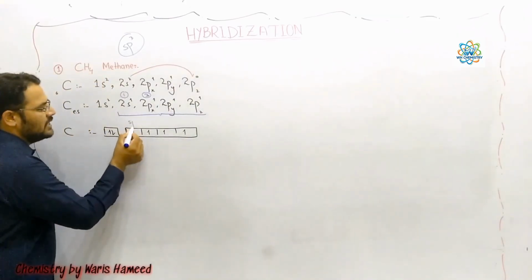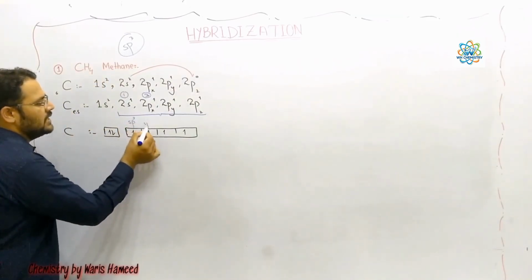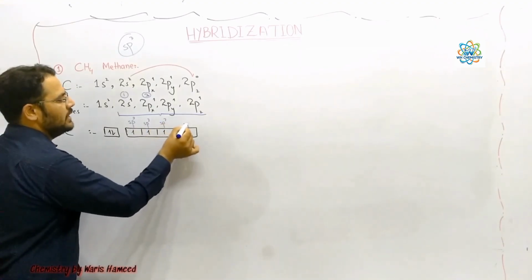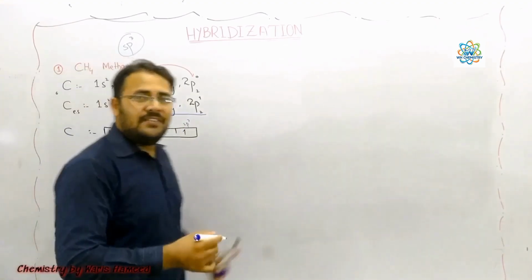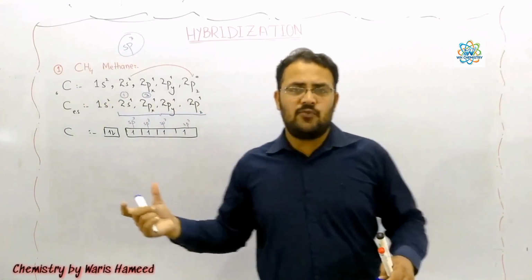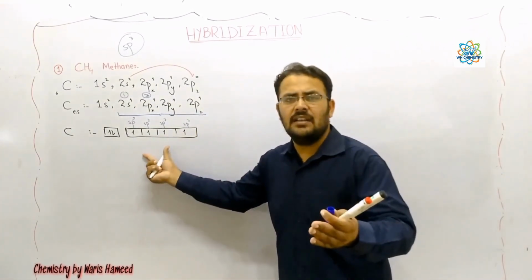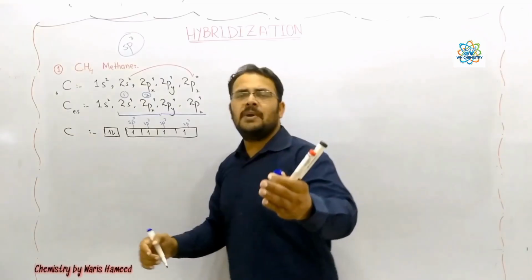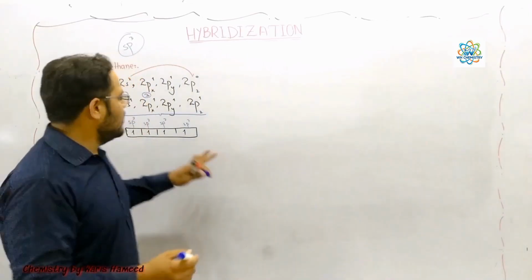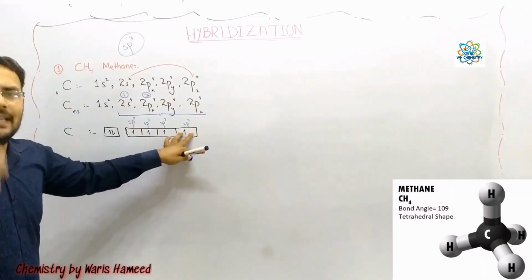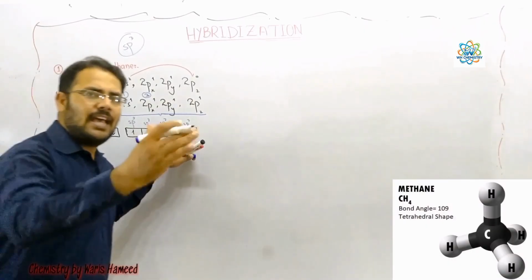One hybrid orbital will have 25% s character and 75% p character, or we can say a ratio of 1:3 sp.